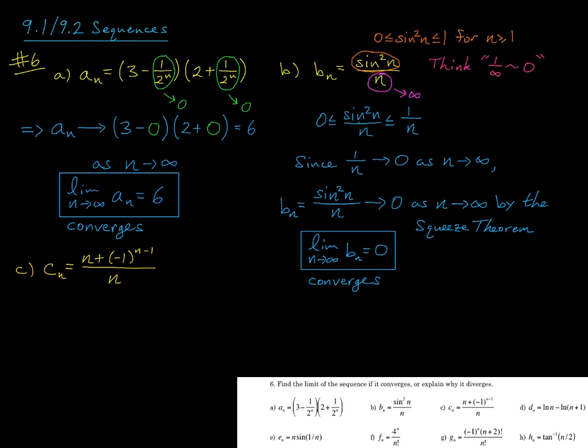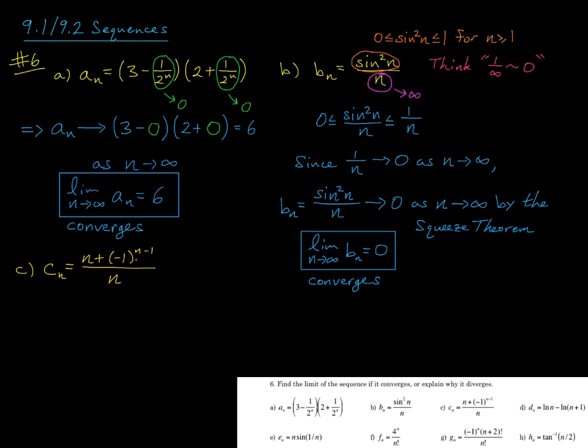And so since sine squared of n over n is squeezed between 0 and something approaching 0, this thing then likewise will have to approach 0 by the Squeeze Theorem. Okay, so here the limit as n approaches infinity of b sub n is equal to 0, and again we say the sequence converges.